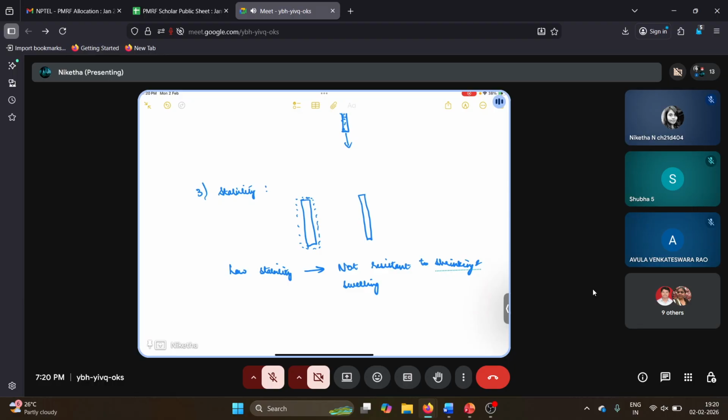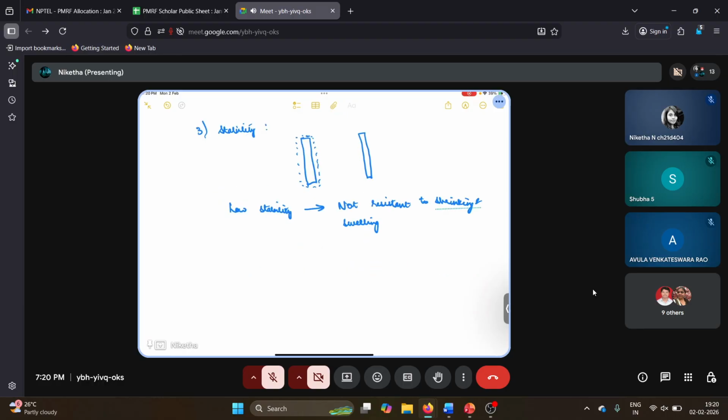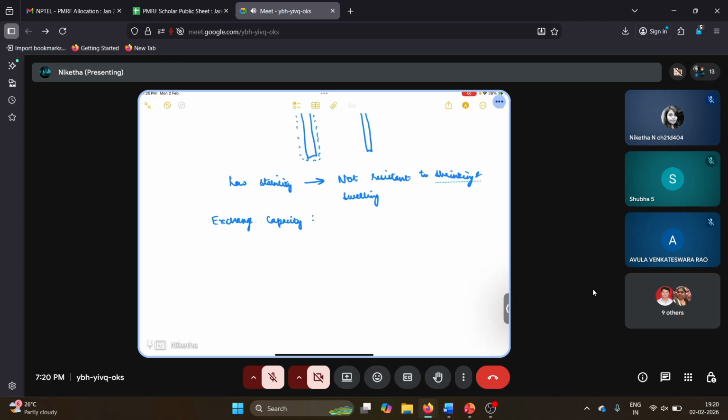Okay, so now we will see exchange capacity in detail. There are two types of exchange capacity.